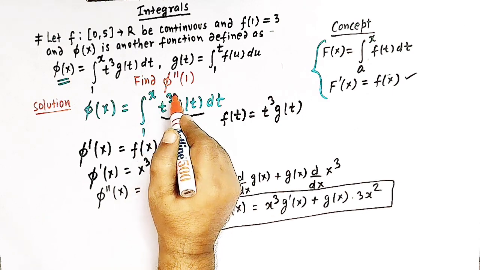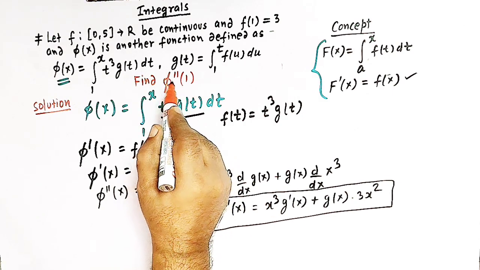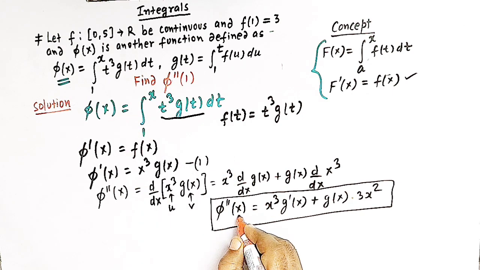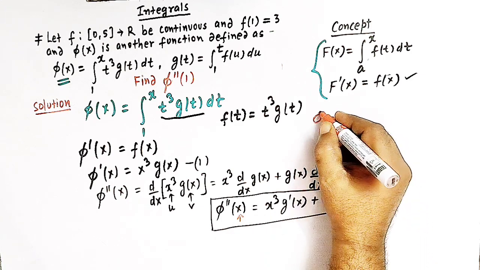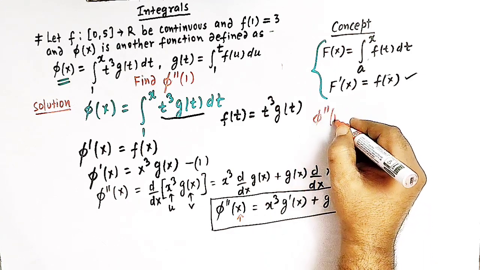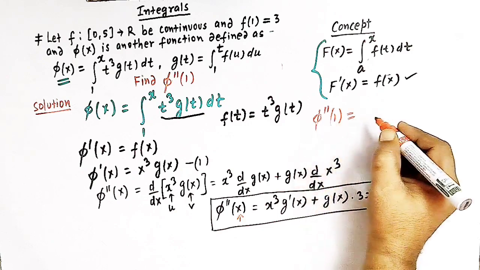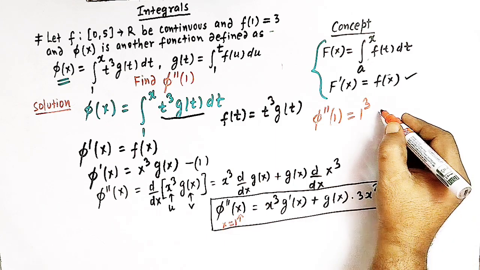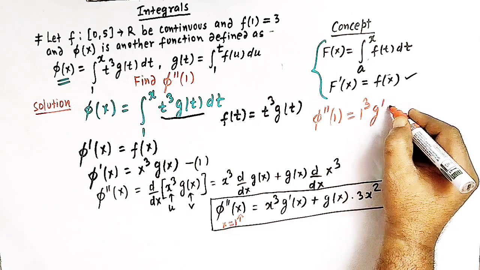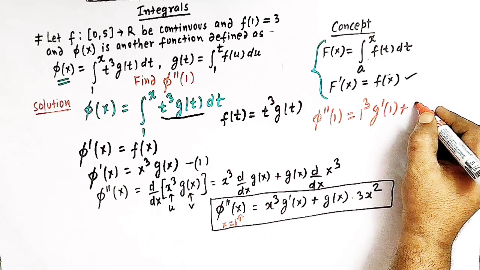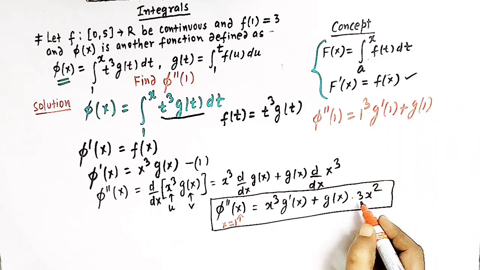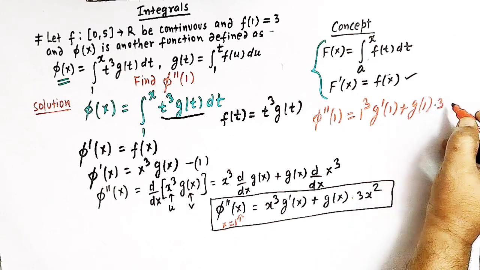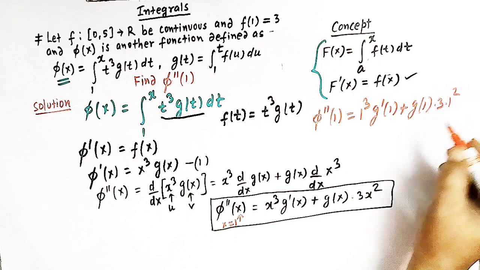Now we have to find out the value of phi double prime of 1. So replacing this x by 1, we can now write phi double prime of 1 is equal to 1 cube, taking x is equal to 1 in this expression. And here we have g prime of 1, then we have g of 1, and here we have 3 times 1 square, right?